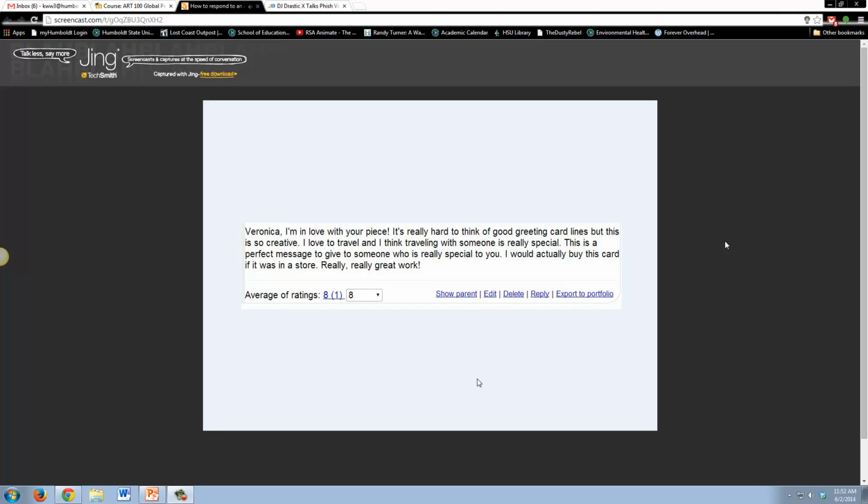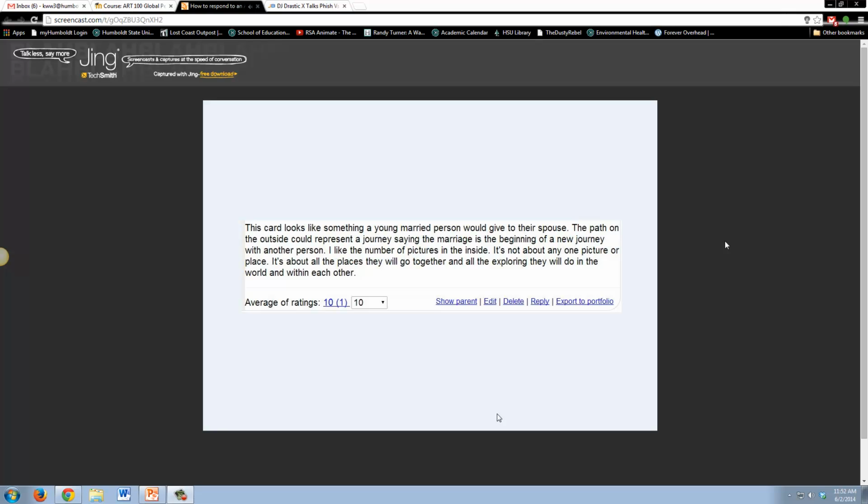So they have a little bit of interpretation here, looking at it, thinking about traveling, thinking that it's a good message to give to someone who is really special. Those are things they're pulling from the card that aren't necessarily very obvious in the card itself, but in this case, it doesn't say why or how those things occur to the viewer.